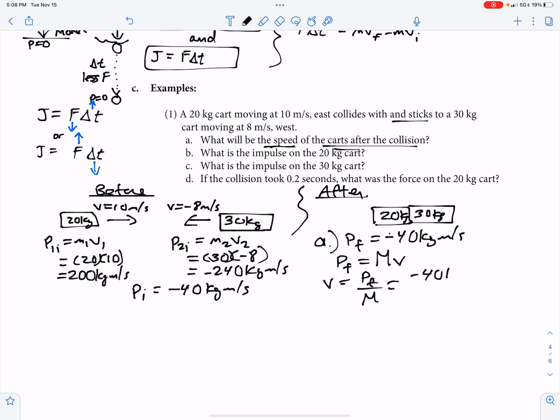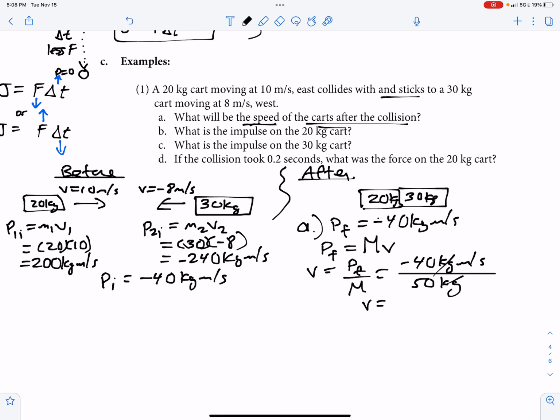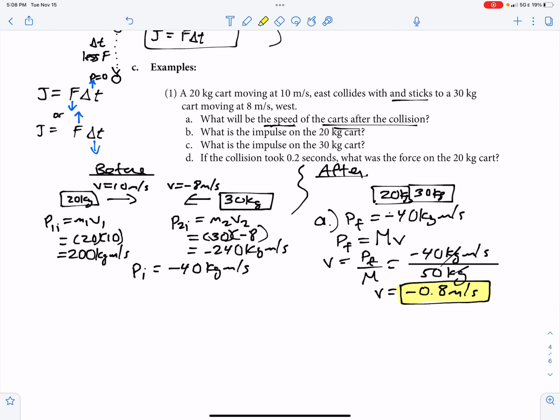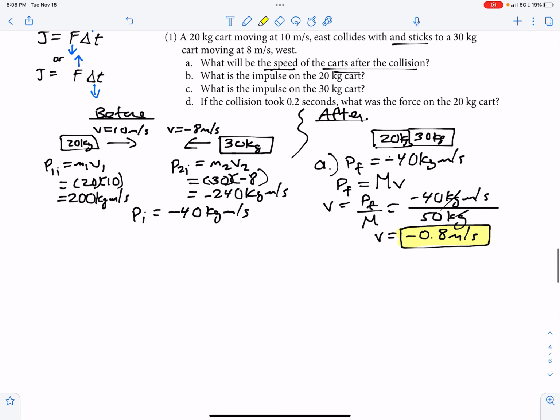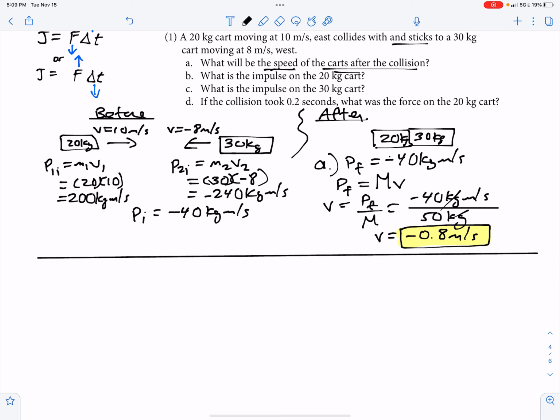So negative 40 kilograms meters per second over the sum of these two masses, which adds up to 50. V final would be negative 0.8 meters per second. So part A is a conservation of momentum problem in which we have what's called an inelastic collision.